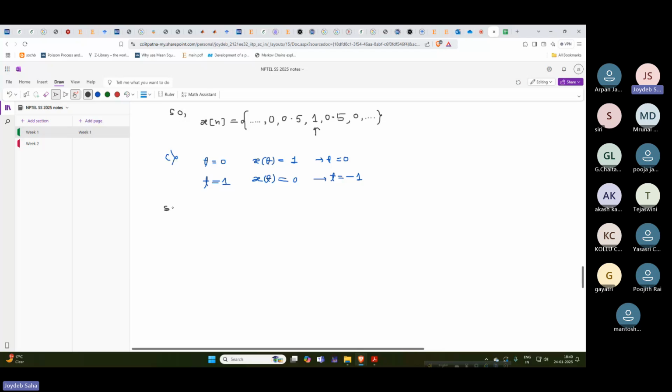So what will be the sequence? 0, 1, 0, and so on.